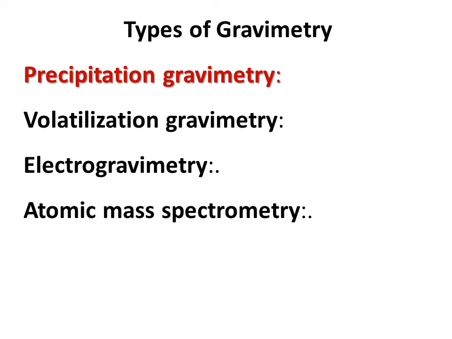But in volatilization gravimetry, the analyte is separated from other constituents of the sample by conversion to a gas of known chemical composition. And then the weight of this gas serves as a measure of the analyte concentration.